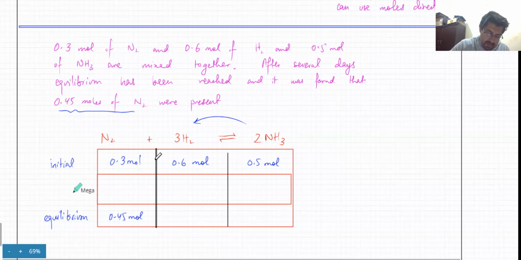The middle part is the reacted part, and there you need to figure out what is reacting and what is getting produced. The middle part is the important part. Initially the container had 0.3 moles. Now, after several days, it has 0.45 moles. That means 0.15 moles got produced.